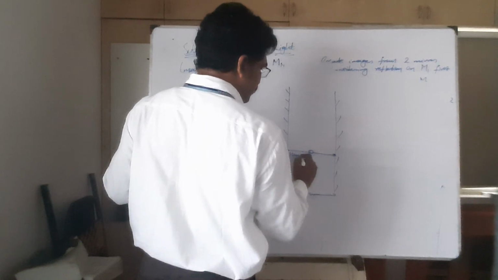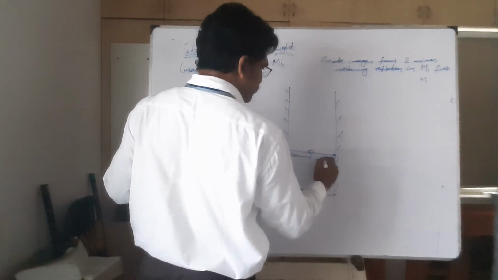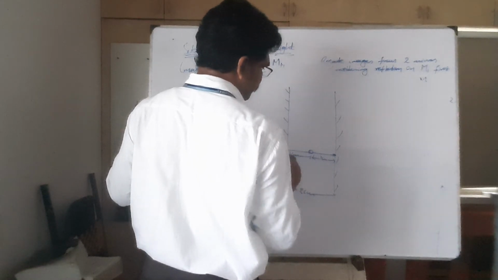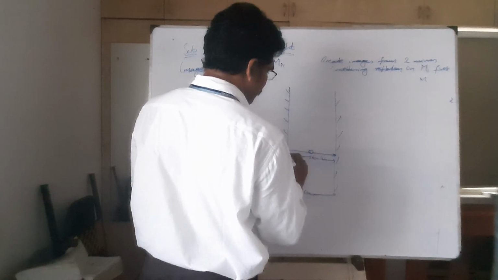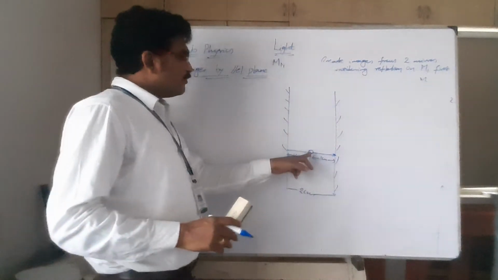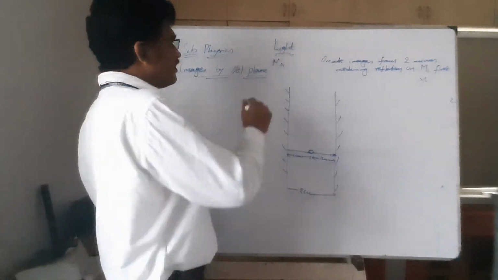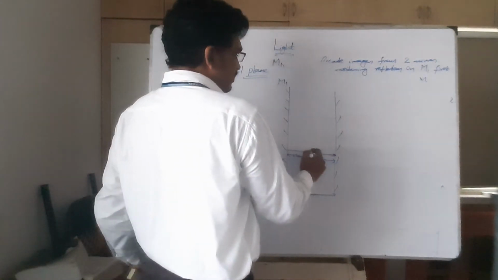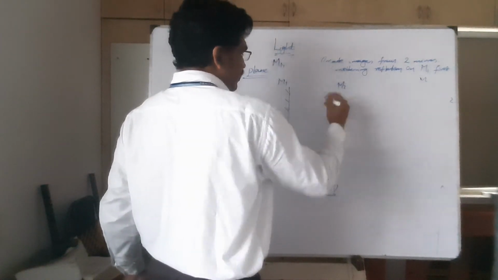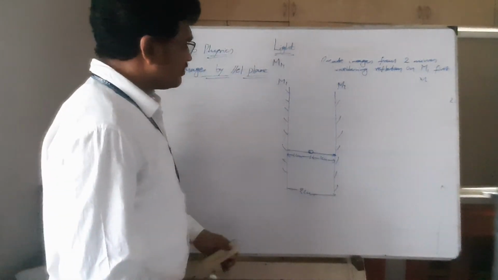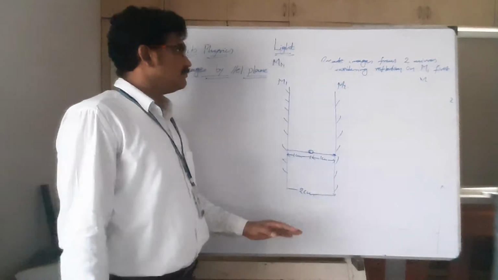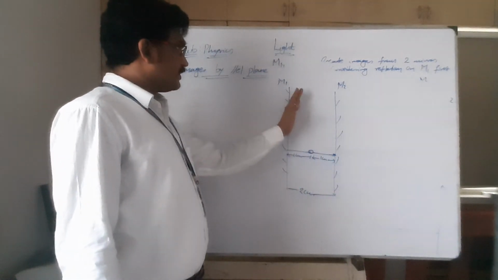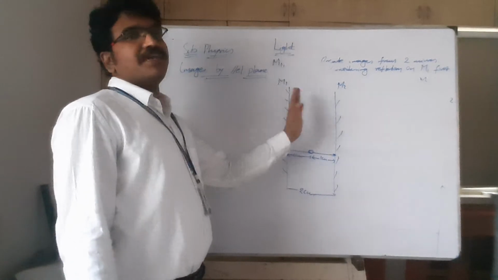Now this is 1 centimeter, this is 1 centimeter. So this object is 1 centimeter from M1. Similarly, this object is 1 centimeter from M2. This means the object is exactly at the midpoint between M1 and M2.